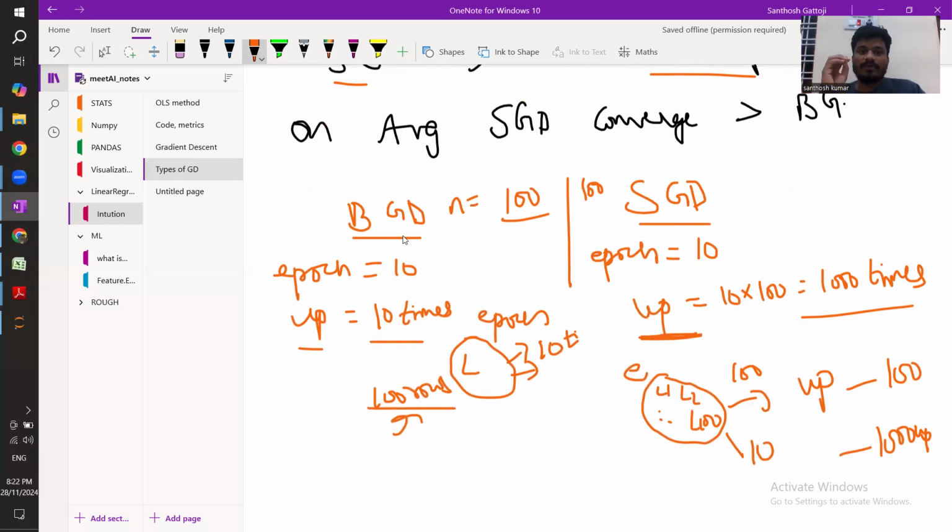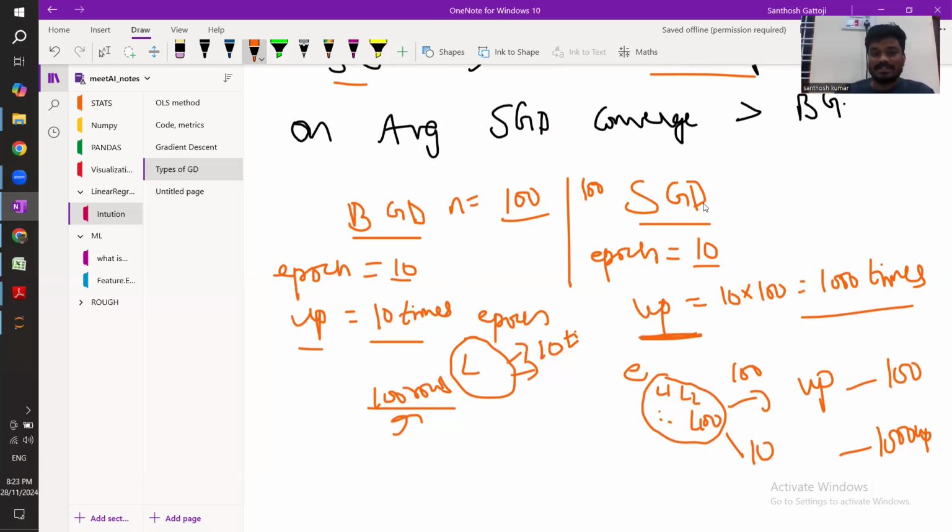Even if we forget about local minima and there is only one minimum, batch gradient descent needs to use the whole data set every time, so it takes more time to reach the global minimum. That's the reason we brought in stochastic gradient descent, it should be faster. But for the same epochs, stochastic gradient is taking more time. Then what is the point?